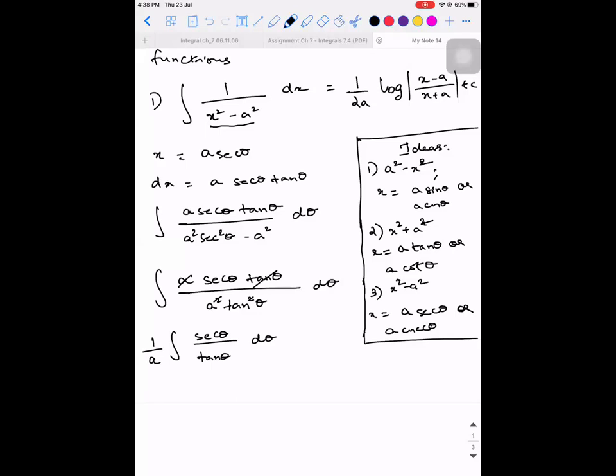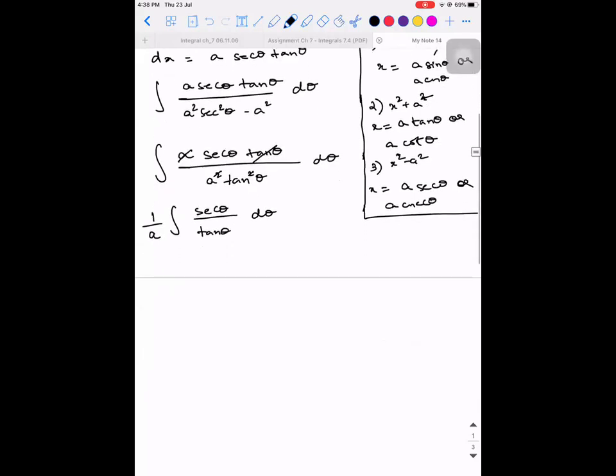So what is the answer? Secant is 1 by cos, tan is sin by cos. So secant by tan will be, do mental calculation and tell me. Cosecant theta d theta.